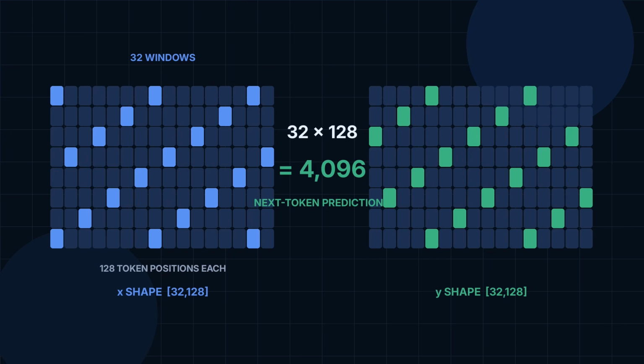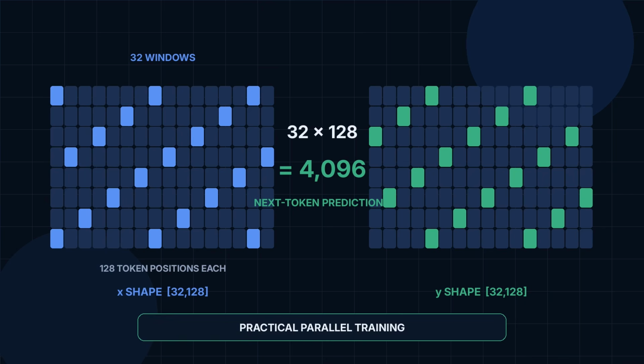So the model gets 32 times 128 next token predictions to learn from from a single step. That's why batching matters. It's what makes training on large datasets practical at all.